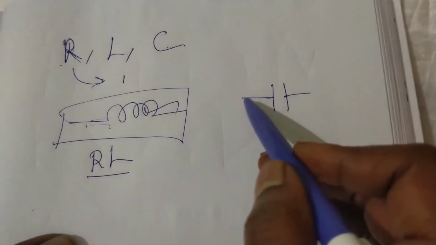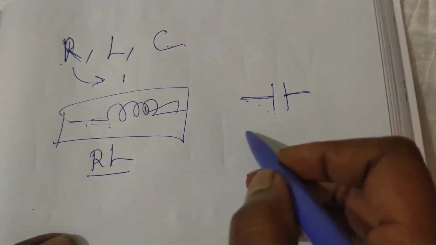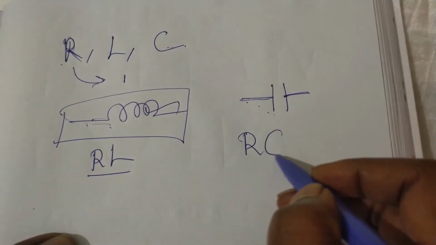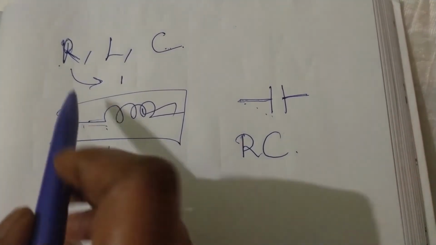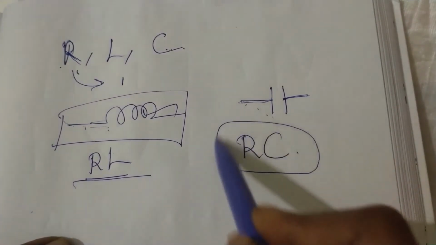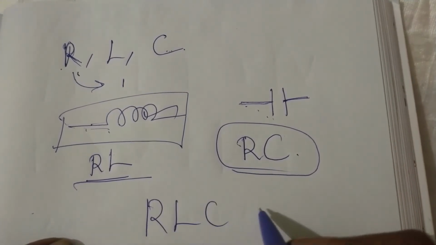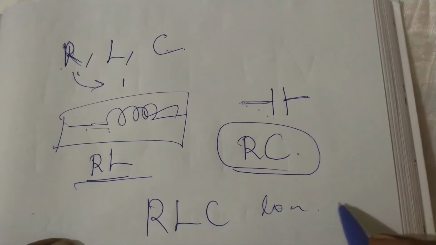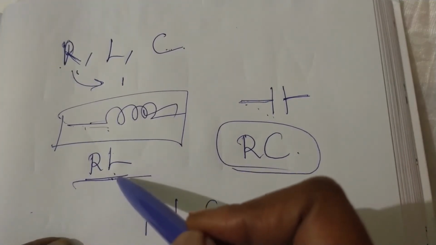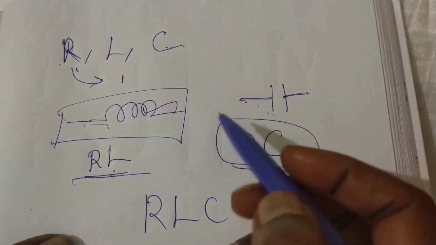A capacitor is also made up of some material, so there will be a resistive effect and a capacitive effect. So an R load is practically possible, an RL load is possible, an RC load is also possible, and an RLC load is also available practically. Examples of RL load are a motor, transformer and arc furnace.